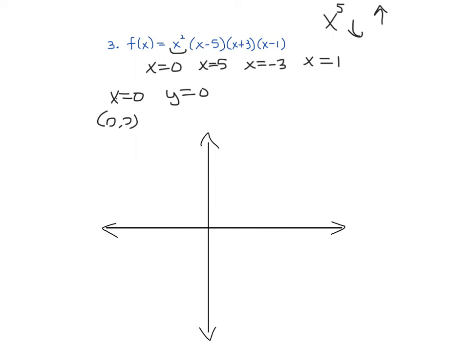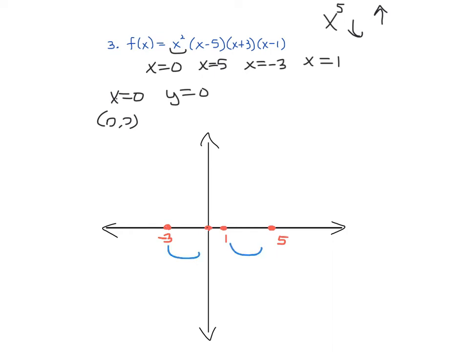So I'm going to put in the 0, 5, +1, and -3. I'm also going to put in my y-intercept, which was already on here. It's 0, 0.